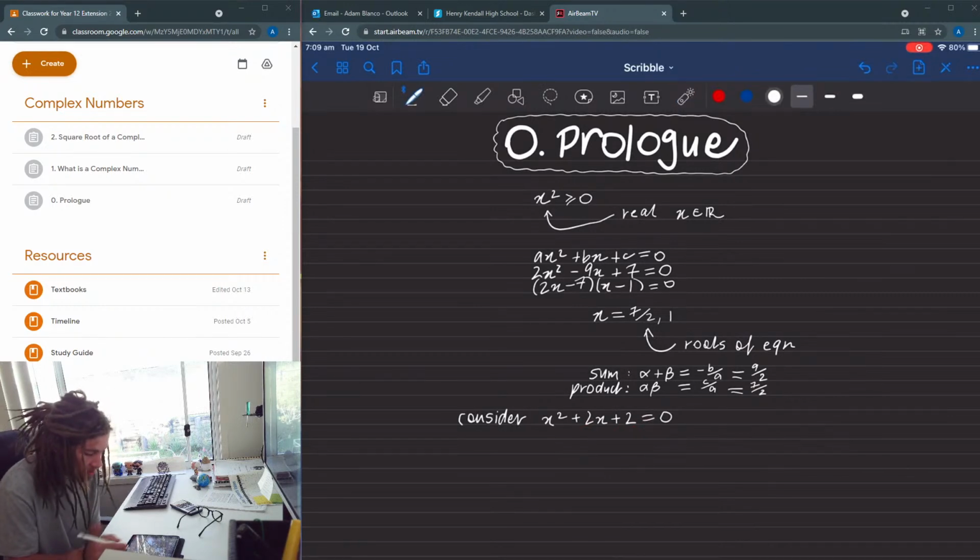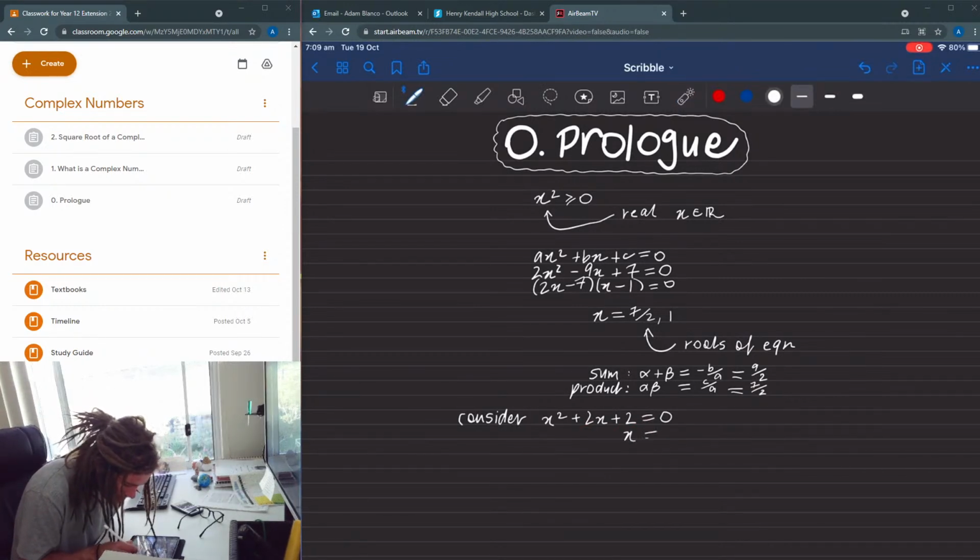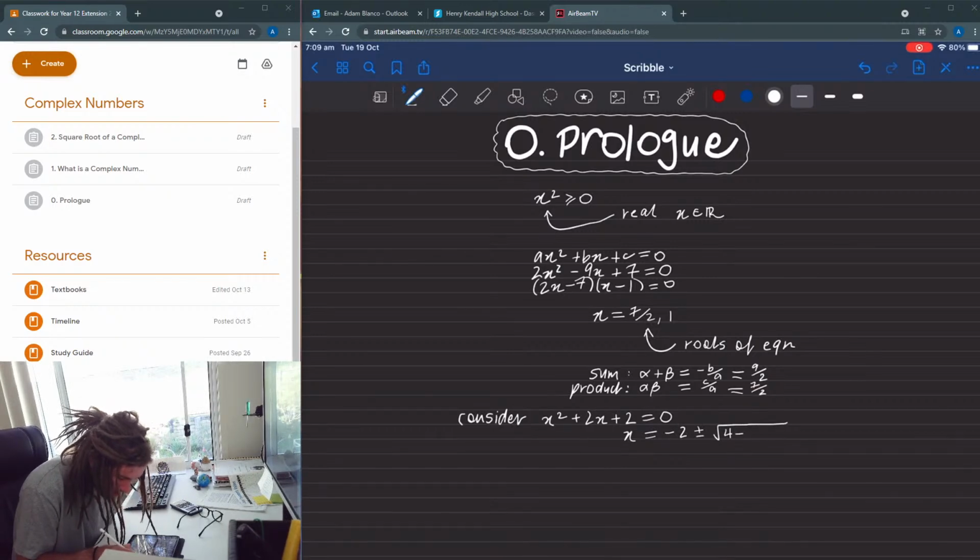So then I would probably resort to the quadratic formula. So x is equal to minus b plus or minus the square root of b squared minus 4 times a times c. So 4 times 1 times 2 all over 2a, which is just 2. So that's going to be minus 2 plus or minus, and now I've got the square root of minus 4 all on 2.